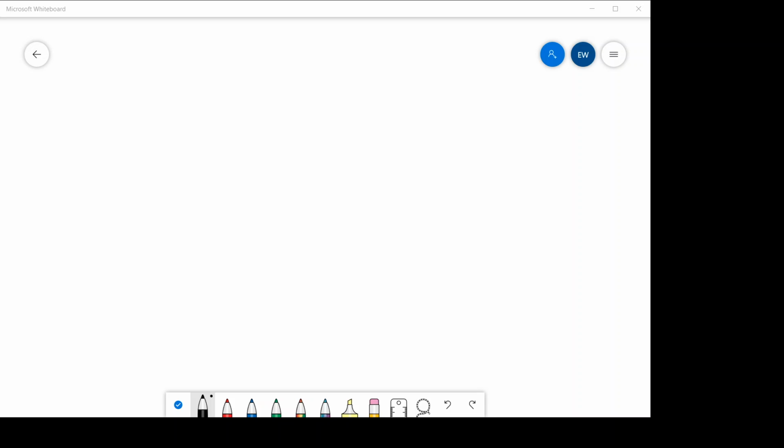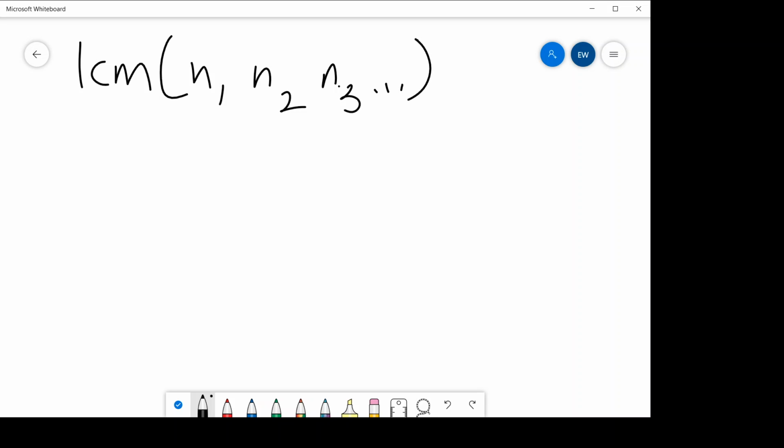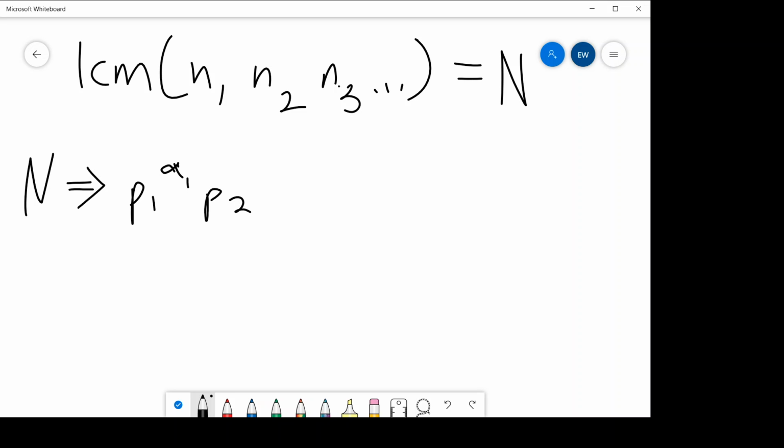This isn't always how to calculate the output again. Yes, so after you take the least common multiple of all your numbers, N1, N2, N3, etc., then you take your resulting number. Let's just say this is big N, okay? So you're going to break N into its prime components: p1 to the a1 times p2 to the a2 times p3 to the a3.